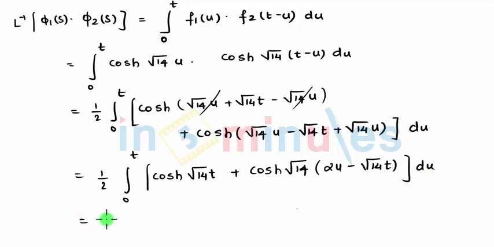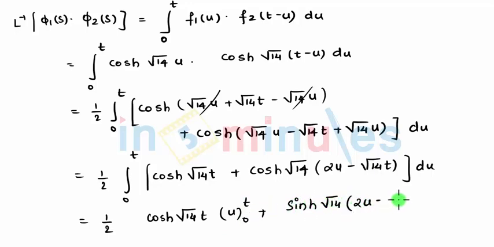That comes to be 1 by 2, cos hyperbolic root 14t comes to be constant, and integration of du is u, upper limit is t, lower limit is 0, plus sin hyperbolic root 14 (2u minus t), this gets divided by root 14 into 2.